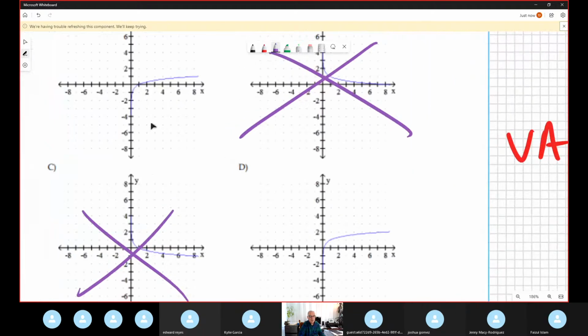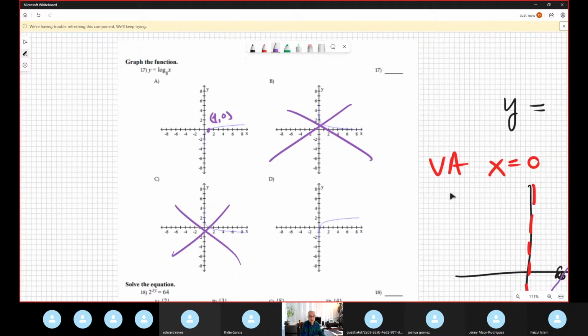We have the famous point here, 1,0, and here no. I don't know exactly what this point is. So it's obvious, in my opinion, that it is option A.